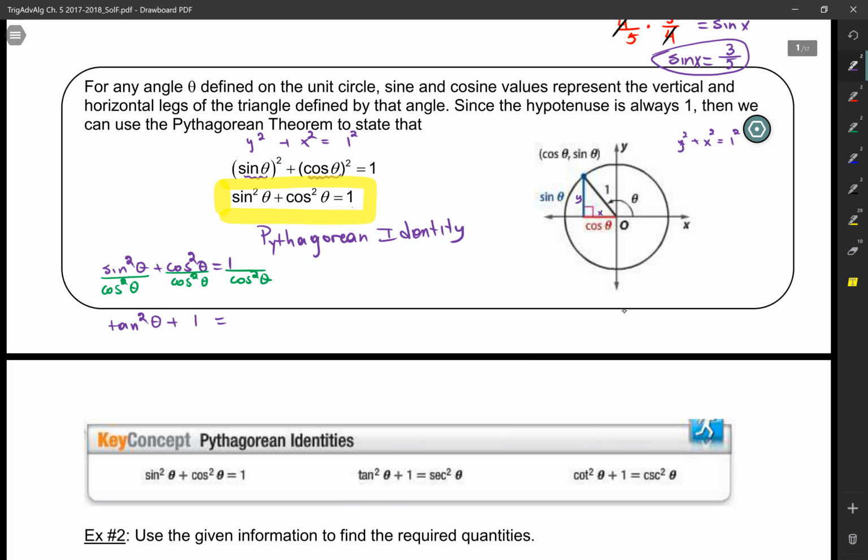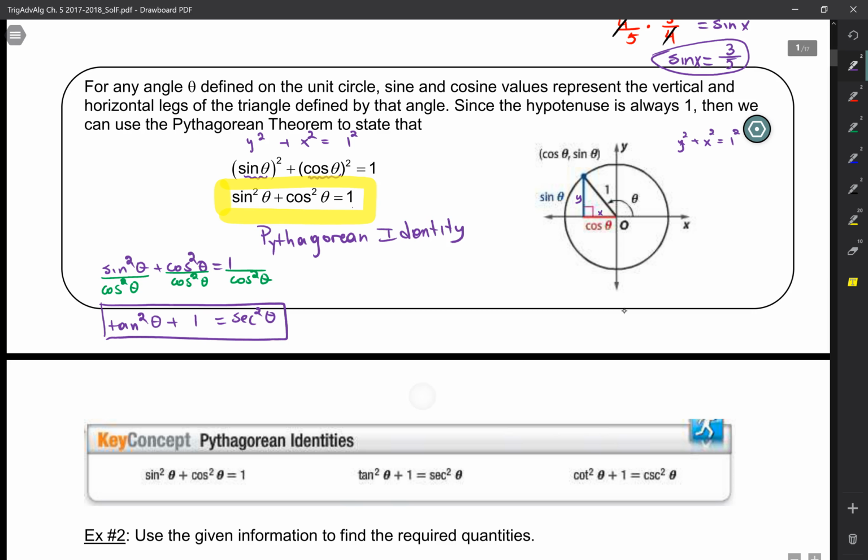Secant. And 1 over cosine squared is secant squared. So this is version 2 of that one.